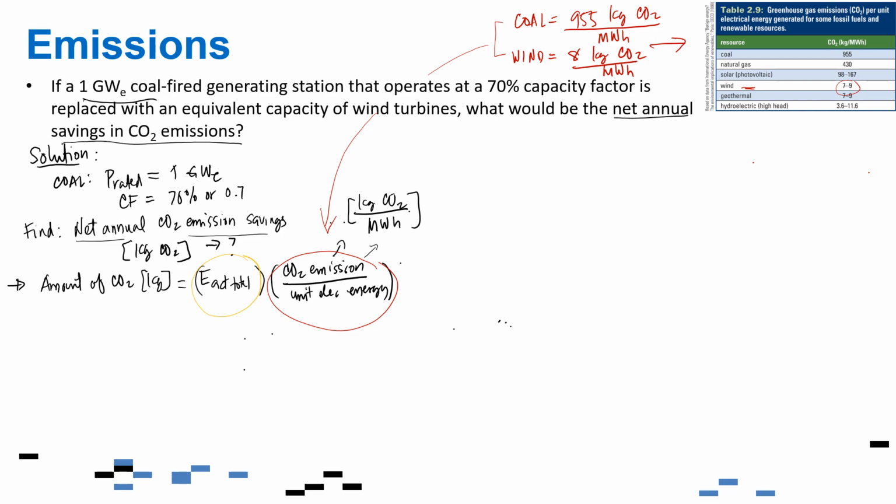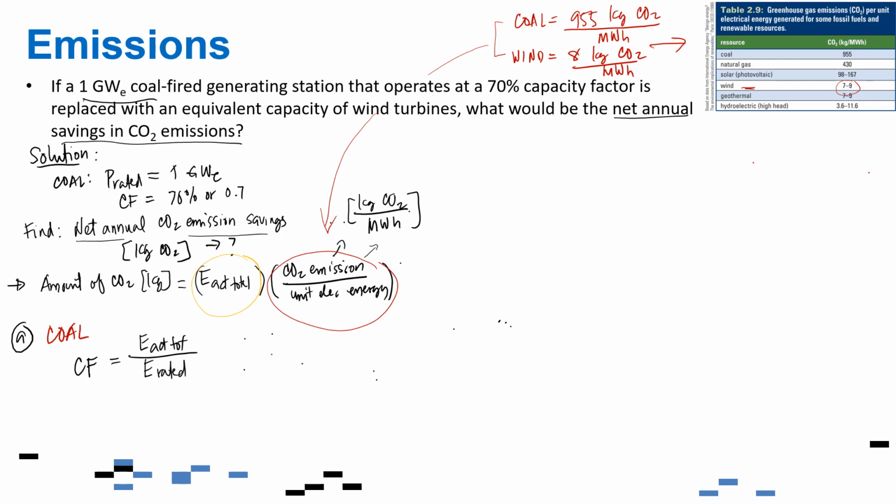So let's start with coal. So this is coal. As we have remembered with regards to the definition of capacity factor, capacity factor is equal to the actual total energy over the rated energy, or the capacity.